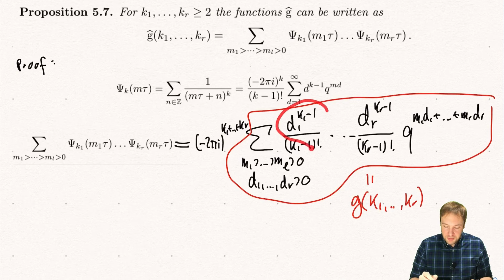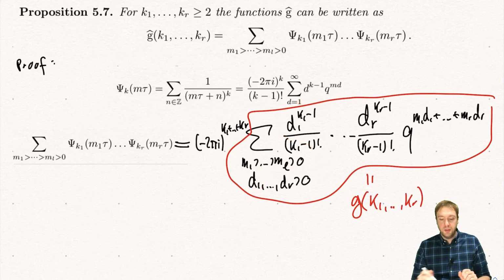I mean, these terms here, taking the sum over these, we could also write by these Eulerian polynomials.